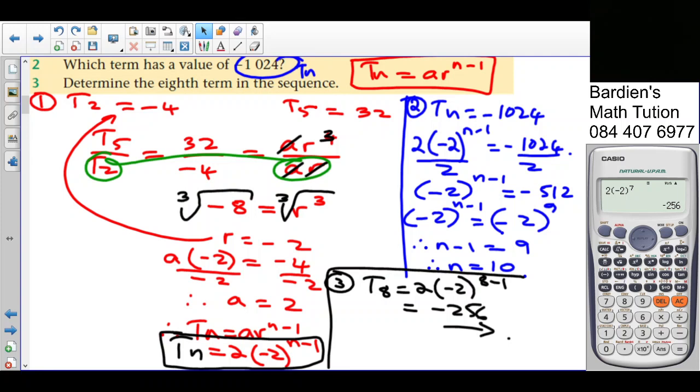My A value is negative 12. R is 3 over 2. Is that correct? 3 over 2 raised to the exponent n minus 1. So, yes. How do you work out R? It will be T2 over T1.